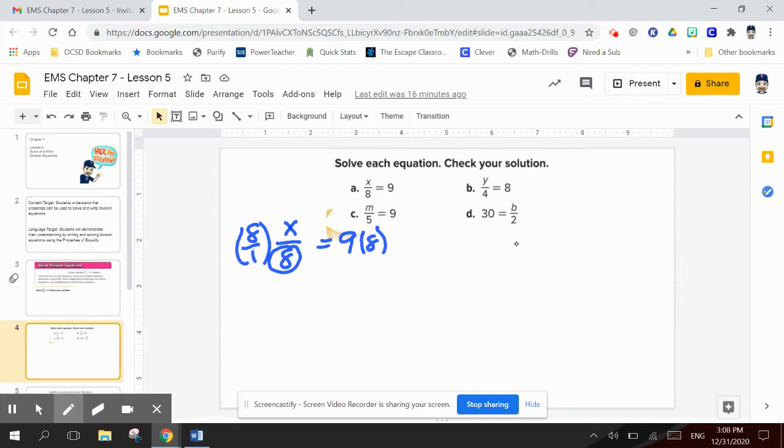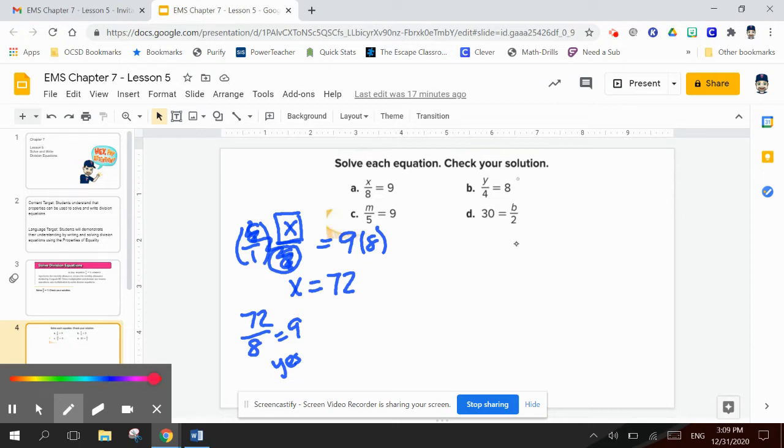I write it as a fraction on this side because this is a fraction over here as well. So 8 and 8, since those are opposites, cancel each other out, leaving only my variable. And 9 times 8 is 72. So if I go back, 72 divided by 8 equals 9. Yes, that's true.